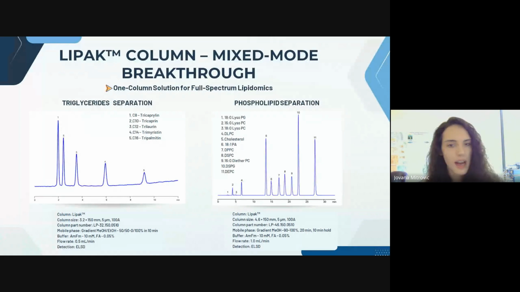These compounds are highly hydrophobic, with their retention behavior influenced by fatty acid chain length and degree of saturation. By using a simple gradient from 50-50 methanol-ethanol to 100% ethanol in the mobile phase, with the LIPAC column, we obtain strong retention and clear separation for these compounds.